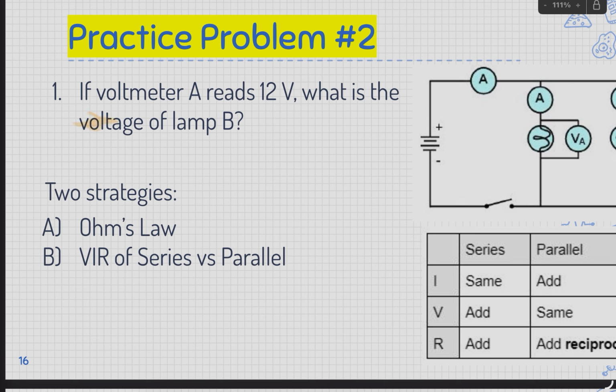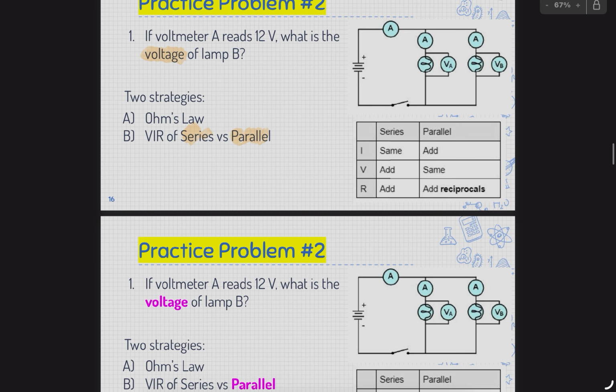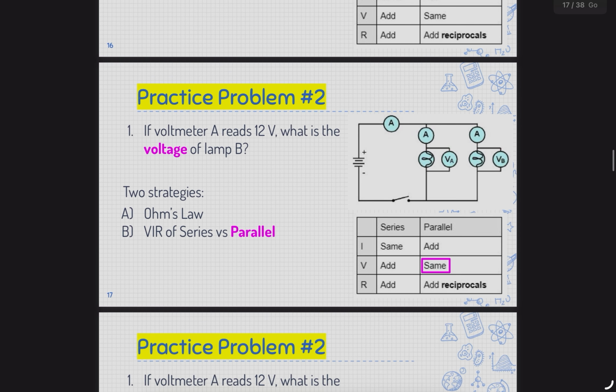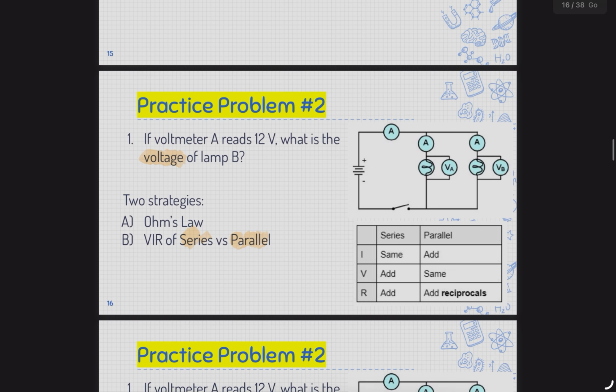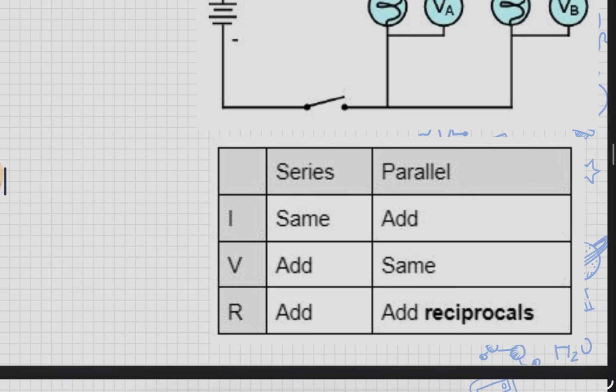It's asking for the voltage, and it also uses the word parallel and series. So let's talk about this. Here our table says that in parallel, the voltage is the same.